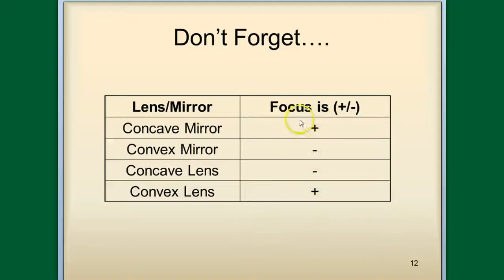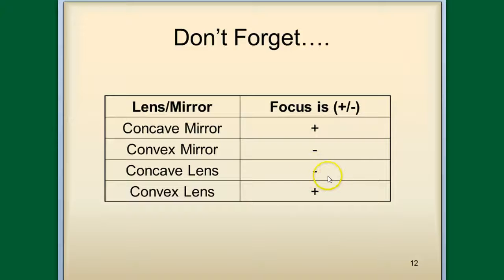Remember, with mirrors, the positive focus means that the focus is on the same side as the object, whereas the negative focus means it's on the opposite side of the object, or in front of the mirror, behind the mirror. You need to make sure you know what those mean. Whereas with a lens, it means just the opposite.